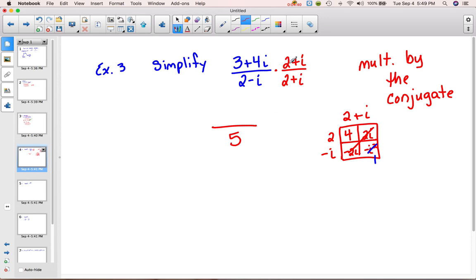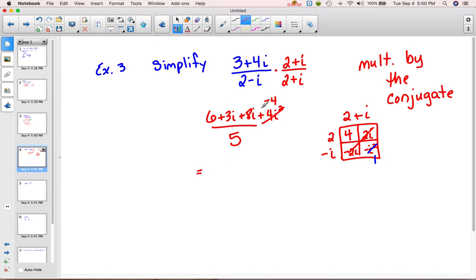So we have to finish this off, though. We have to multiply the numerator, and so you're going to multiply that. You can FOIL it, put it in a box. So we're going to get 6. The outside gives me +3i. The inside is +8i, and the last is +4i squared. This is going to be -4 because the i squared is -1.